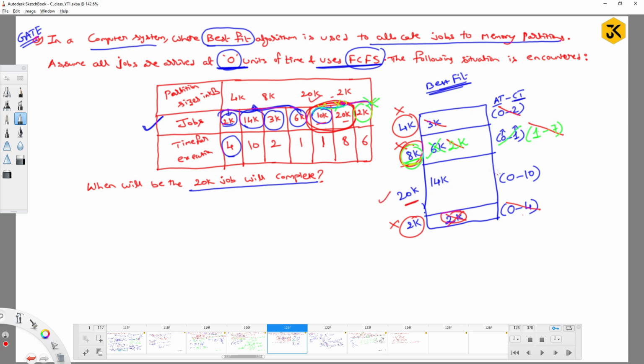Now we have to think about when the 14k will come out. The 14k enters starting at 0 and comes out at 10 units of time. When it comes out at 10 units, who gets the chance? 10k gets the chance, because 10k has the lower process ID, as all arrived at the same time. So 14k comes out and 10k gets the chance. 10k enters at 10 units, runs for 1 unit, and comes out at 11 units.